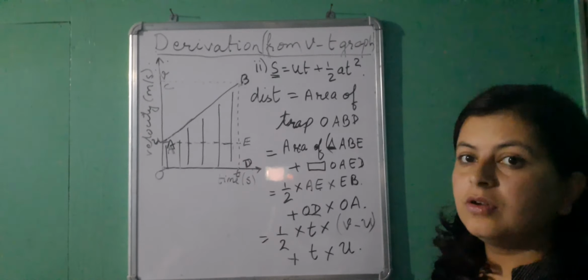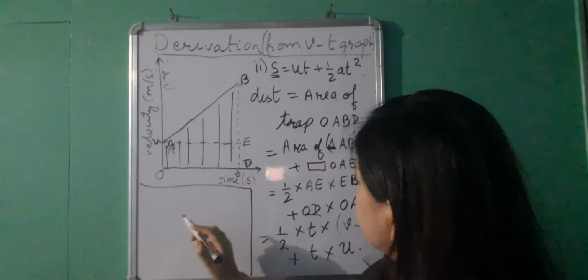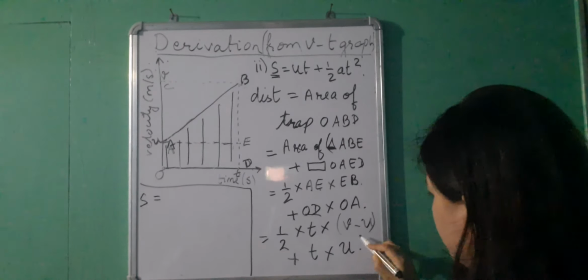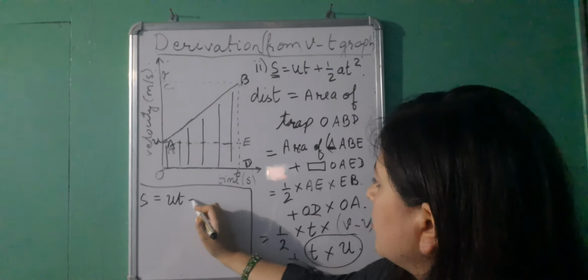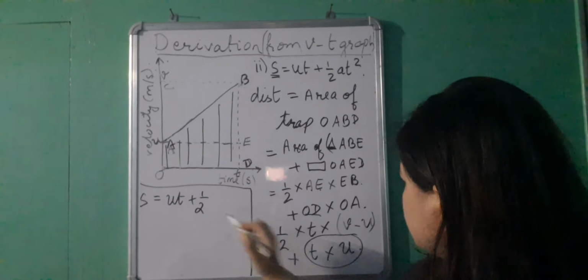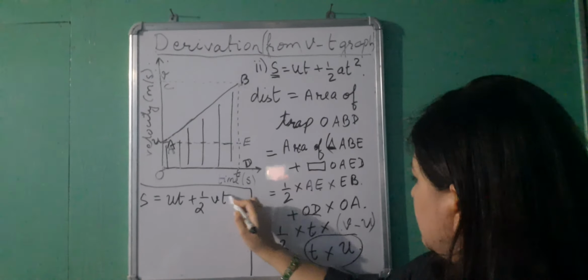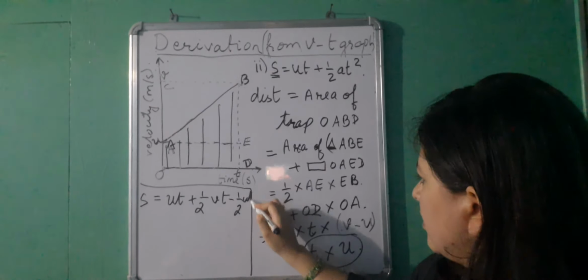Now we can do the simplification. Distance S is equal to, we can write it first, UT plus half VT minus half UT.